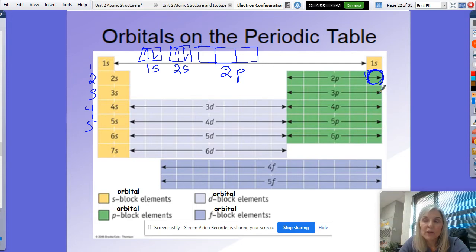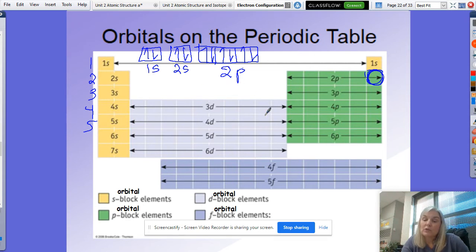But remember about the hogs, you can't put 2 in a room until you've filled up all of your rooms. So we're going to put 1, 2, 3. So now I've put 1 in each room. So now I can go back 4, 5, 6. So that's the orbital diagram of neon.